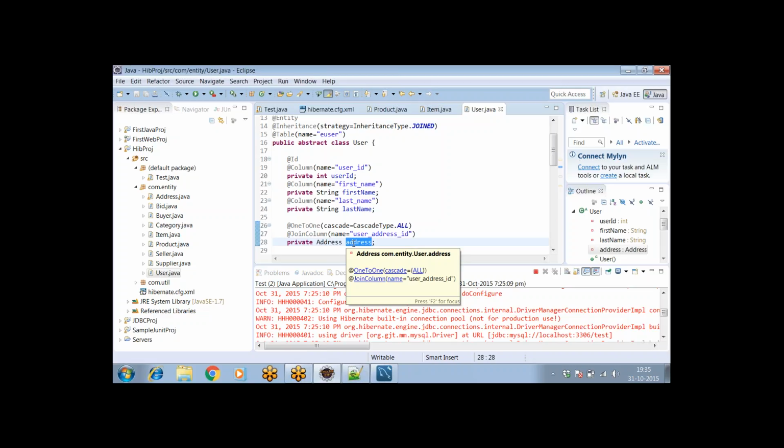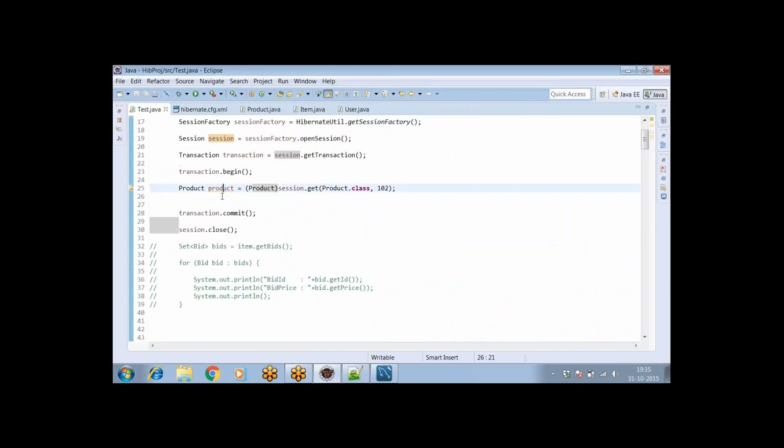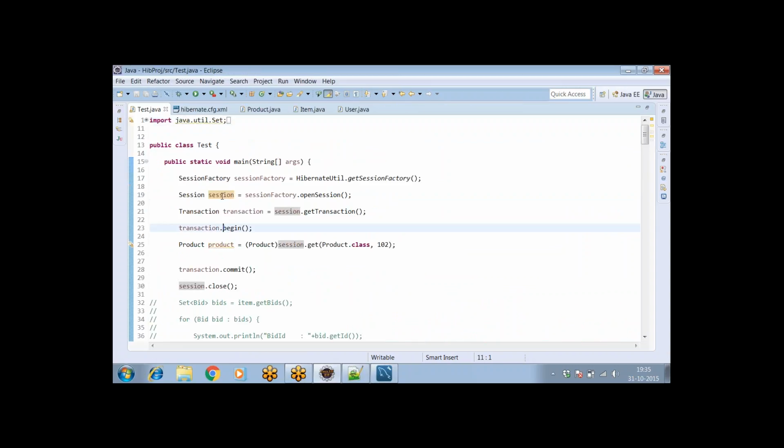Now we'll talk about transaction management here. So what is this transaction management? If you have noticed it here, especially to perform a non-select DB operation, insert, update or delete.